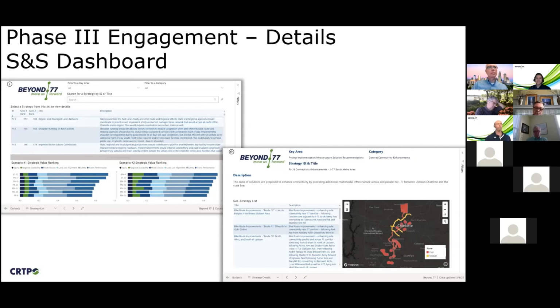So fully robust system, and it will be a dynamic system. As we continue to collect feedback and update things, we will continue to update it live. And this will remain live beyond the engagement period so that people can continue to see the process moving forward. There will also be an opportunity for you all and the public to provide open-ended comments on any one of these line items through a form field on our project website that will also go live on April 1st.